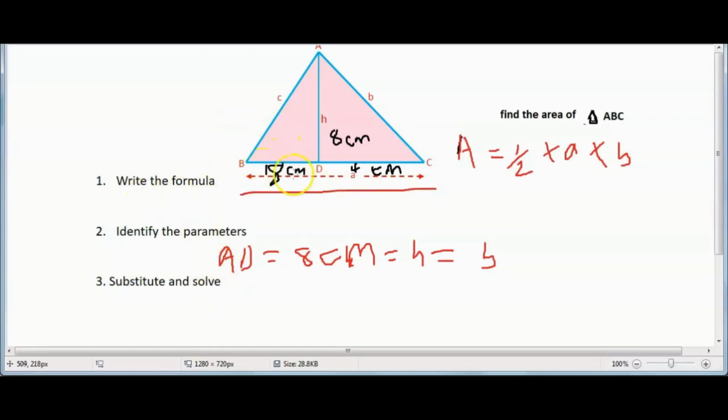The distance has been divided into 2, from B to D and D to C. So BC will be equal to 18 plus 4, which gives 22.